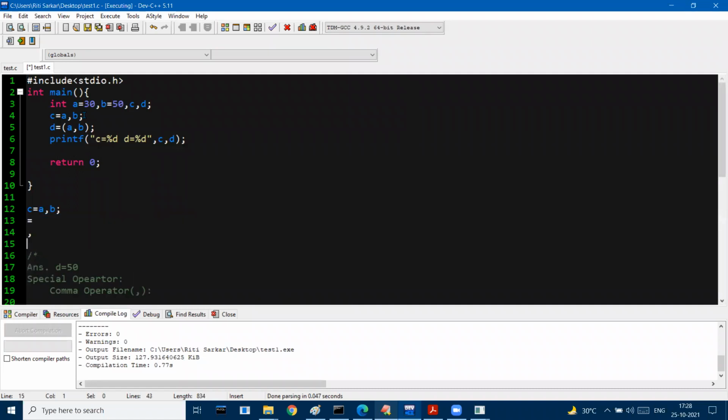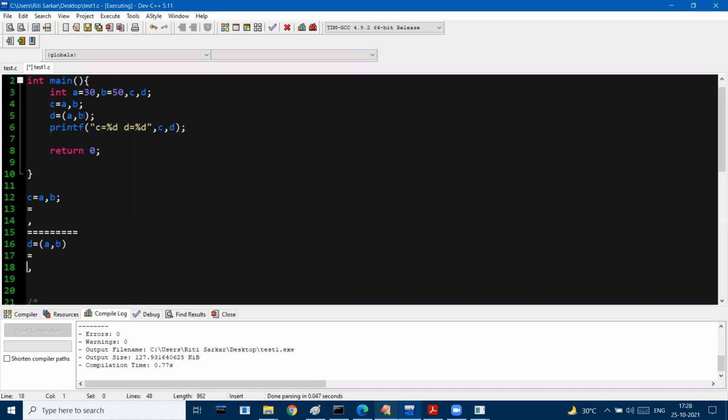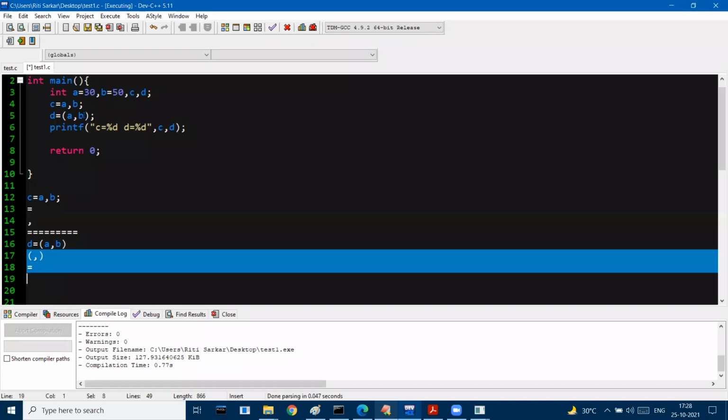When you wrote D is equal to A comma B, there also assignment is there and comma is there. But in that case, due to the first bracket open, first bracket close, the assignment operator tells the comma, I have more precedence than you because I am kept inside the brackets.